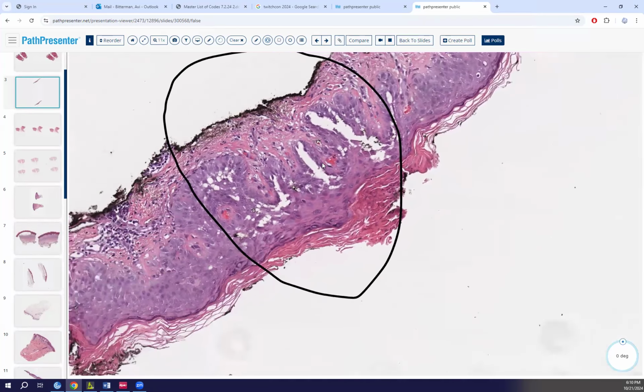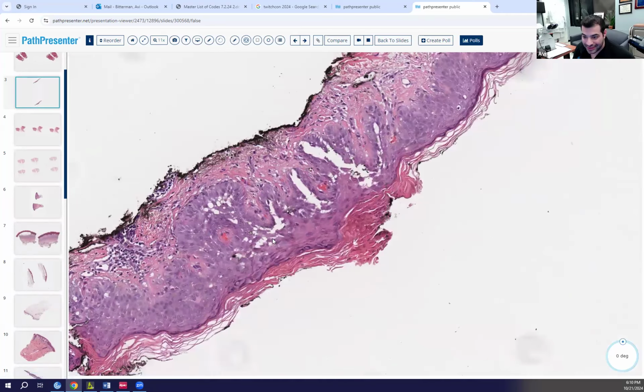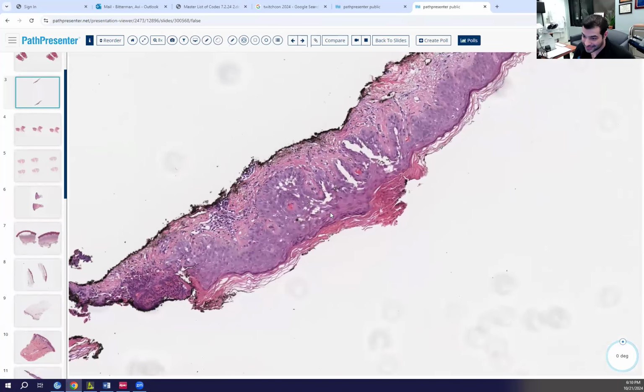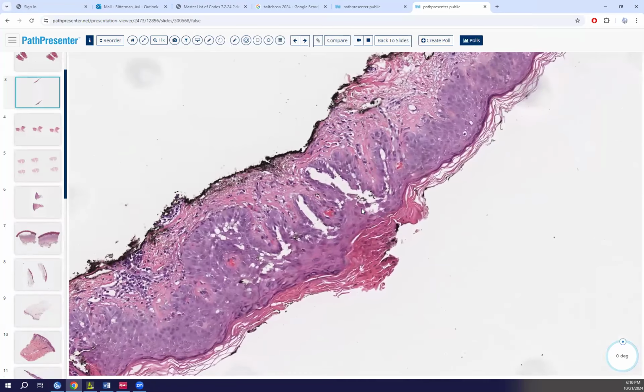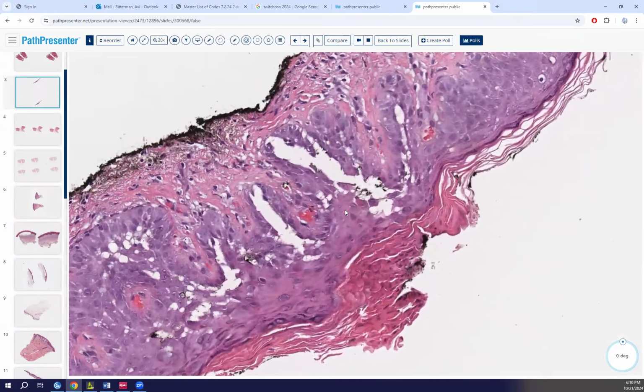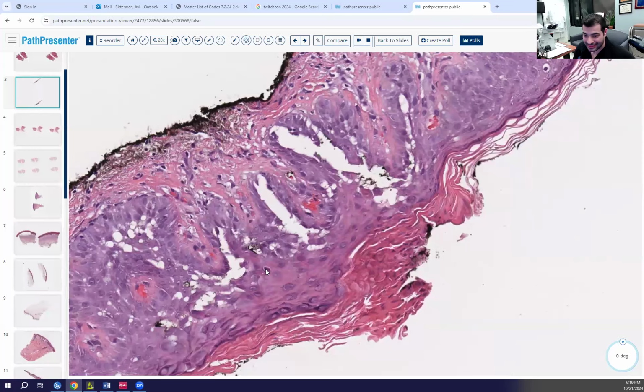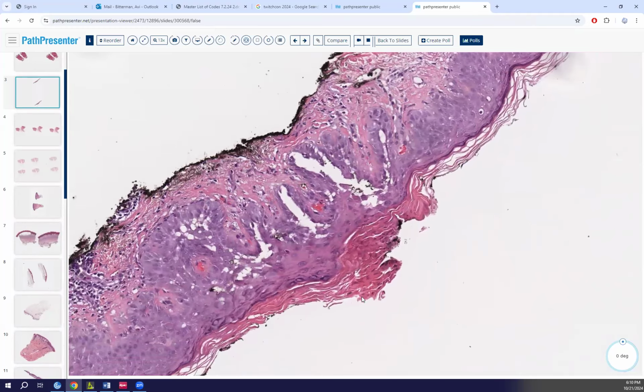Two foci of it. Yeah. I think I see some corps ronds. Yes. Okay. Pemphigus could be one thing.